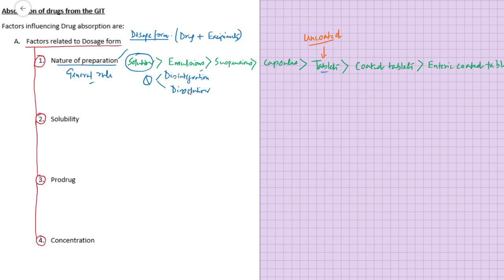They lack the disintegration and the dissolution step because they are already dissolved. That's the reason they release the drug faster. And coated tablets may be coated with shellac, which is obtained from the lac insect. If you coat it with shellac, then it releases the drug slower.